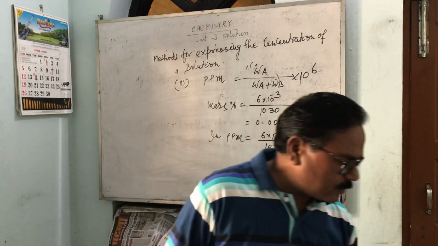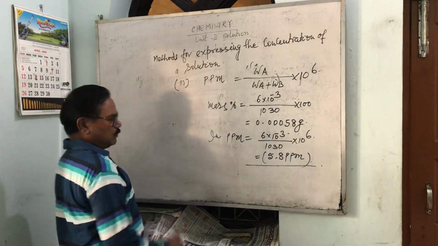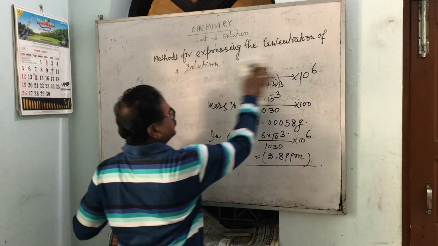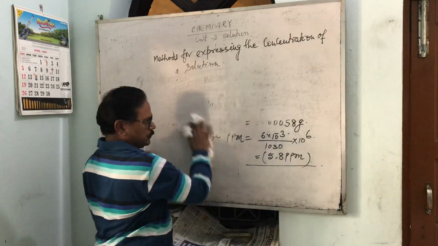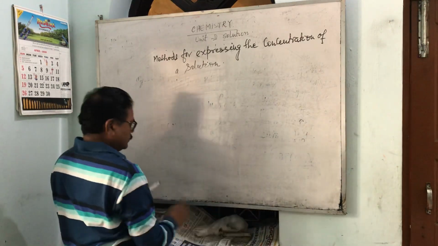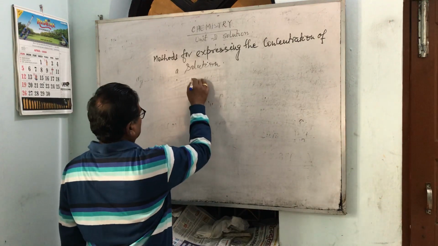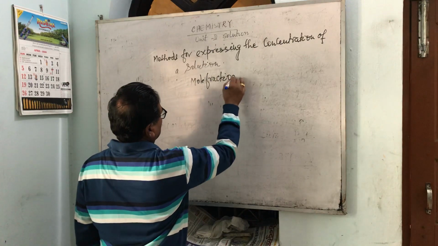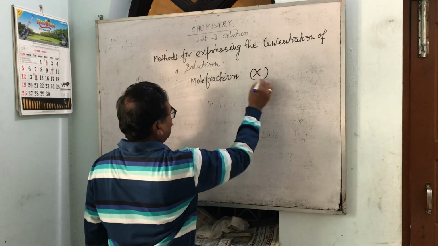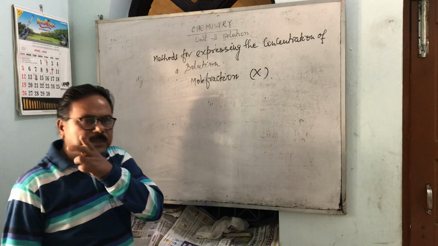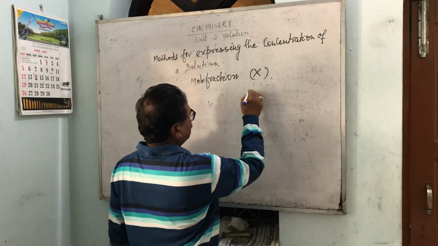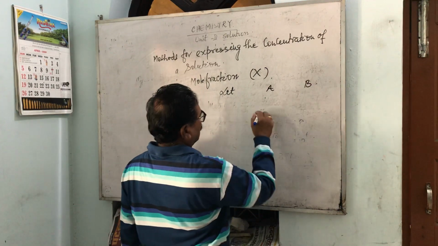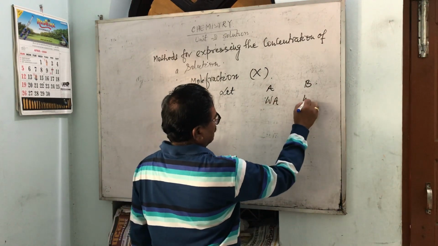Now we come to another one, number 5, mole fraction. This is represented by X. So we consider two components, A and B. Now WA and WB.